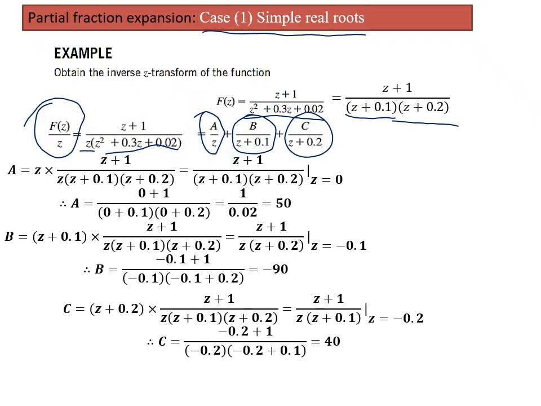To get a, we substitute z equals 0 in the fraction (z plus 1) divided by z plus 0.1 times z plus 0.2.